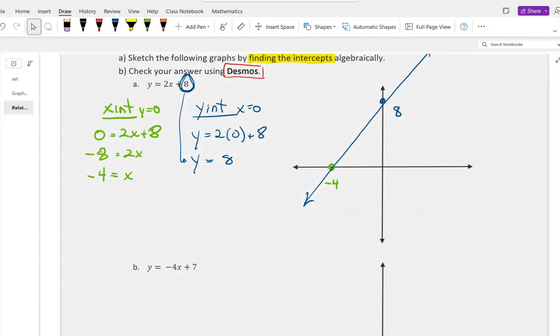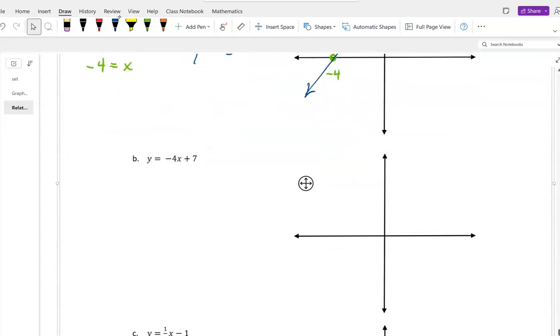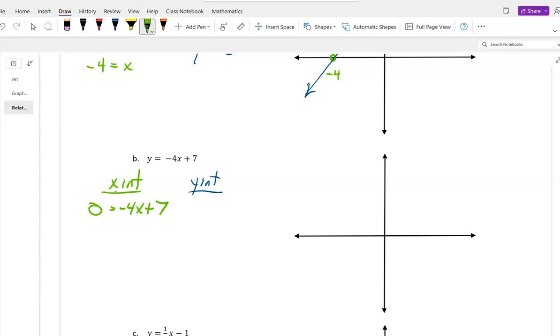So can I get you to try this next one? Find the x-intercept and then find the y-intercept. Pause the video, give it a try. So the x-intercept, y is 0. Bring the 7 to the other side, divide by negative 4, and I get 7/4.